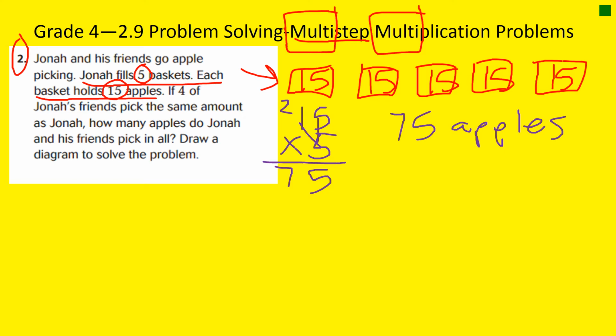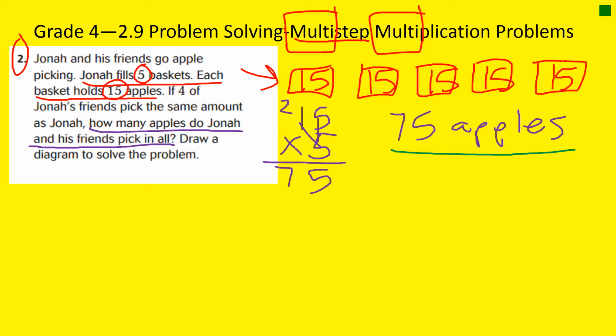So Jonah has 4 friends, and they picked exactly the same amount. So here's how many apples do Jonah and his friends pick in all? Ooh, they always try to get you with that one, don't they? So Jonah picked 75.